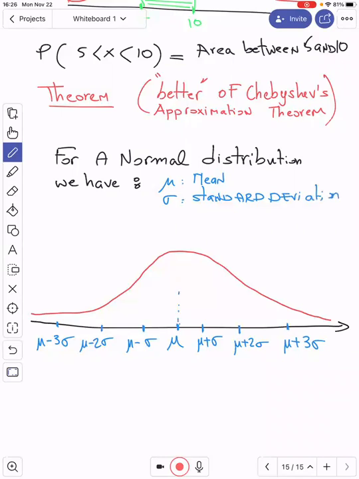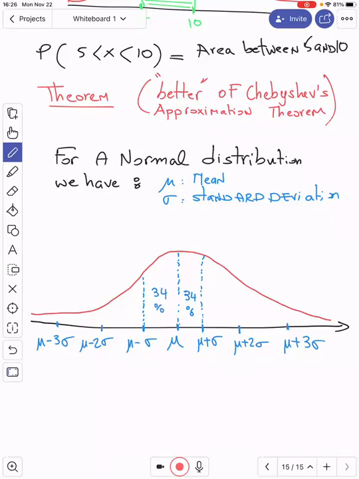So here we have your mean. It turns out that the area between the mean and mu plus sigma is actually 34%, or 0.34. Between mu and mu minus sigma, it's also 34%.